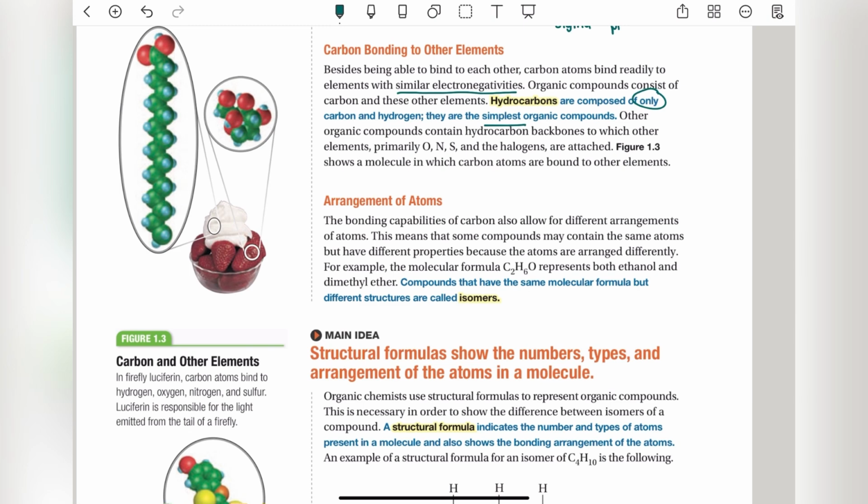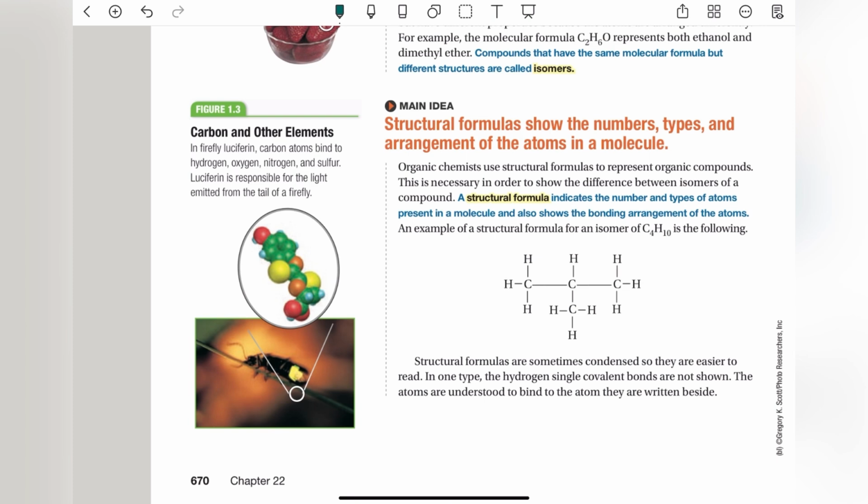So here it says that backbones are made out of a hydrocarbon compound, which is just a hydrogen and a carbon. And here in figure 1.3, carbon and other elements, we see an example of a light-emitting organic compound.